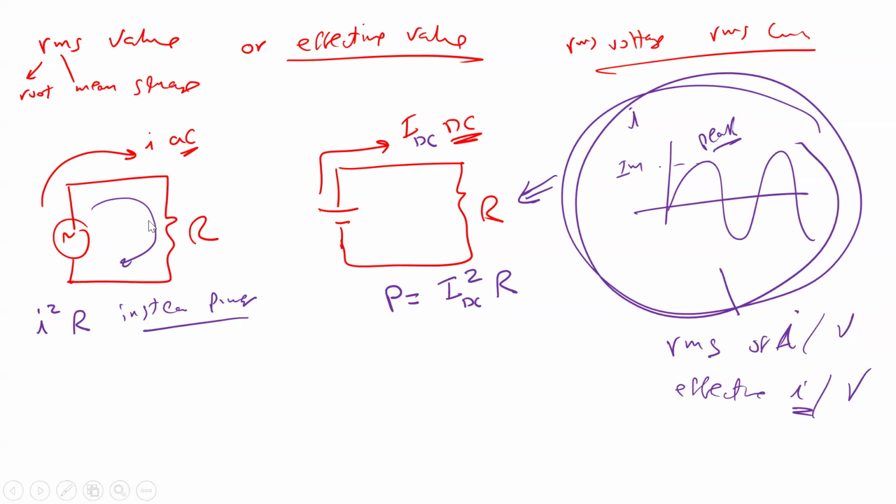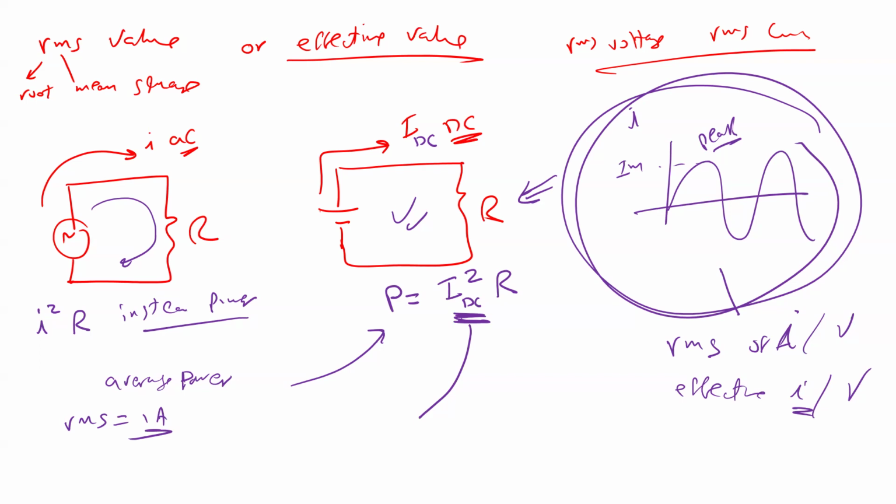I am going to calculate the average power here, and I will look for the I_DC that is going to give me the same average power in the DC circuit. To make it very clear, for example, if I_RMS is equal to 1 ampere, it means this source is providing R with average power equal to that of a 1 ampere DC current.